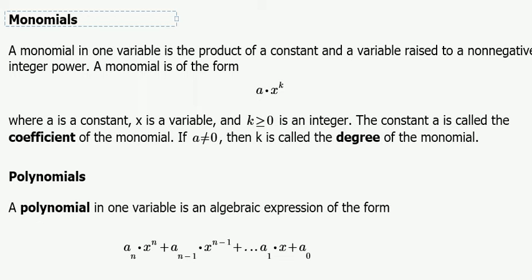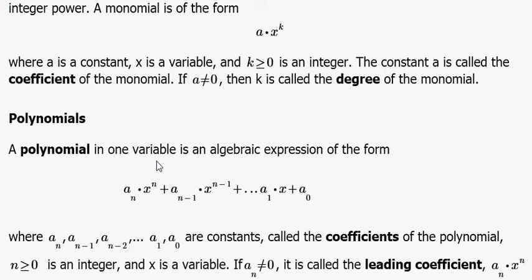A monomial is of the form a times x raised to the power k, where a is a constant, x is a variable, and k is an integer greater than or equal to 0. The constant a is called the coefficient of the monomial. If a is not equal to 0, then k is called the degree of the monomial.